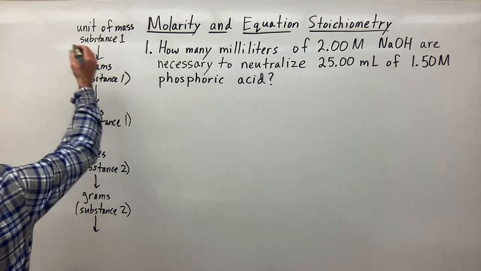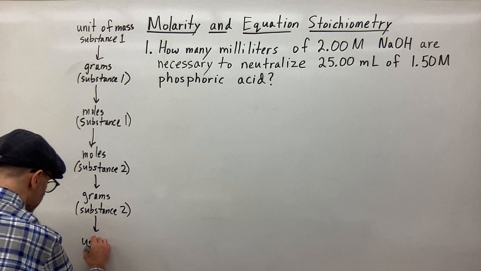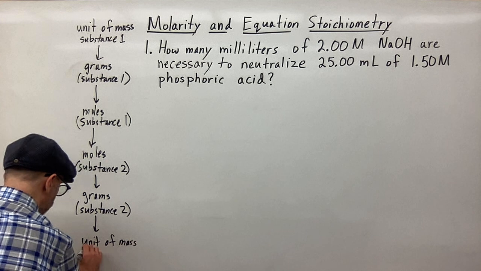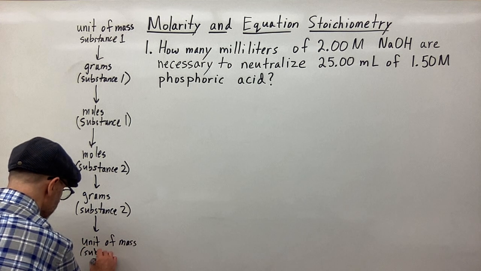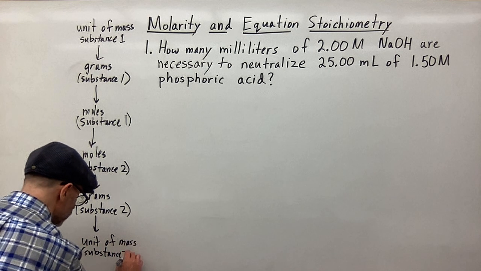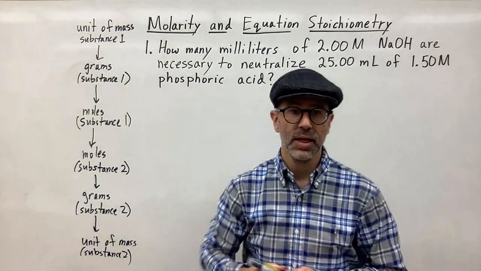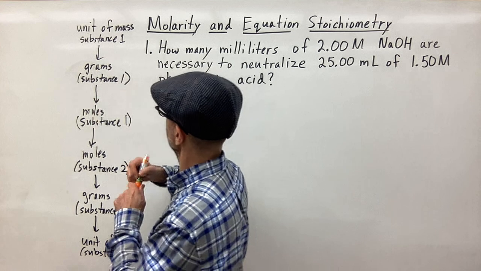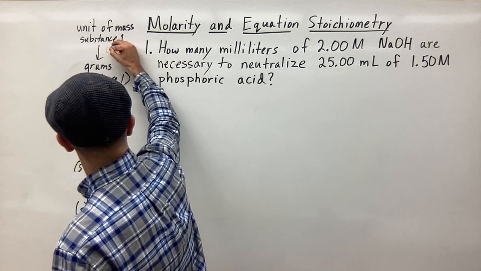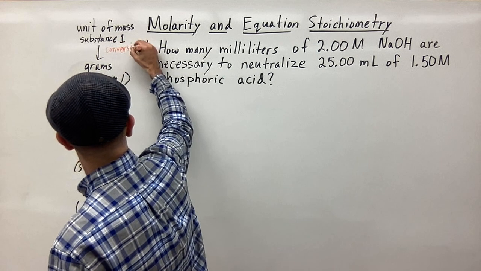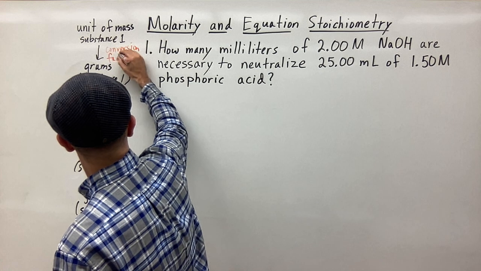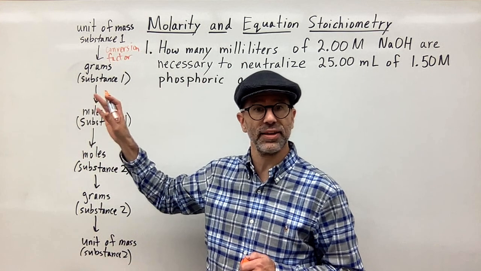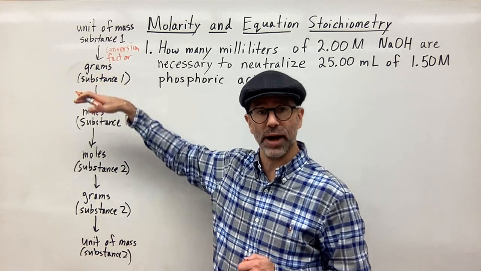So some unit of mass for substance 2. From the given unit of mass to grams, you need some conversion factor.